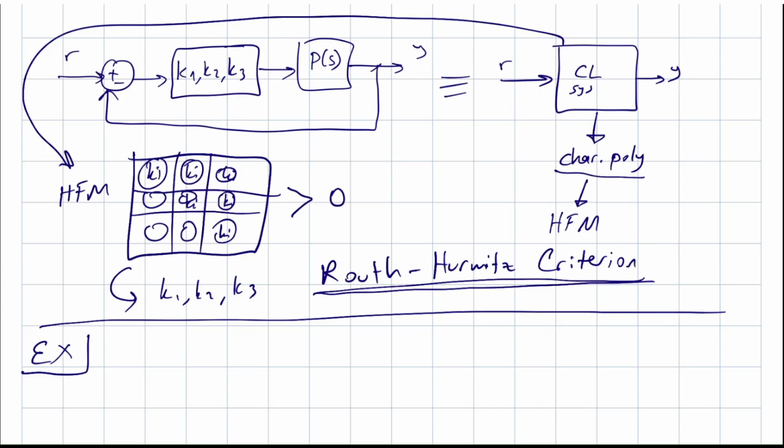We are then going to construct our Hermite-Fujiwara matrix corresponding to the closed-loop system, and for this closed-loop system to be stable, the Hermite-Fujiwara matrix must be positive definite.